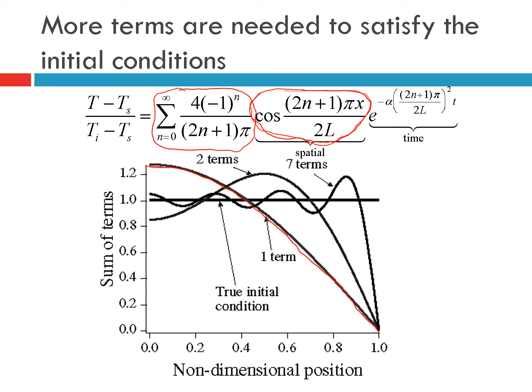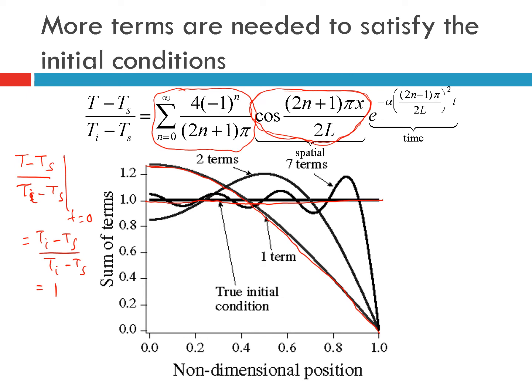However, notice that at time t equal to 0, our initial condition is T minus Ts over Ti minus Ts at t equal to 0, which is Ti minus Ts over Ti minus Ts, equal to 1. So this is my initial condition.